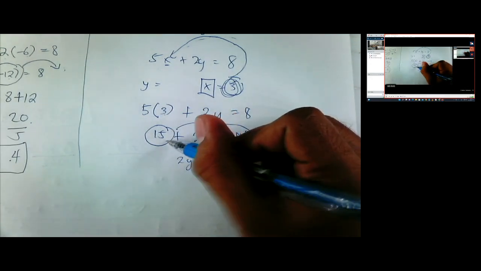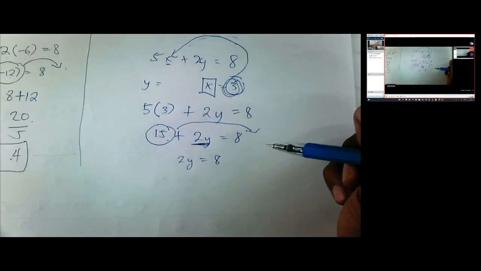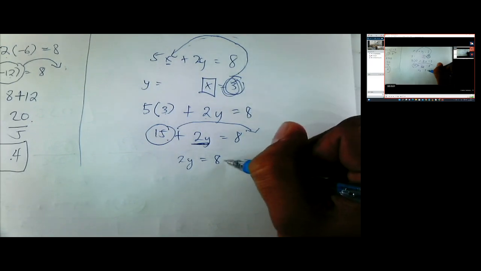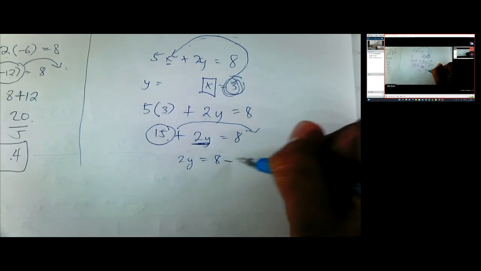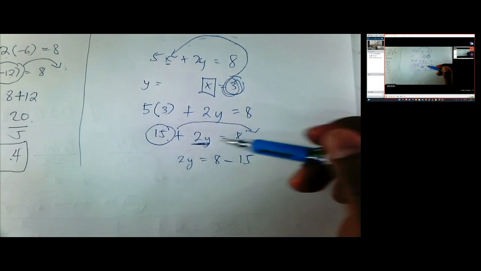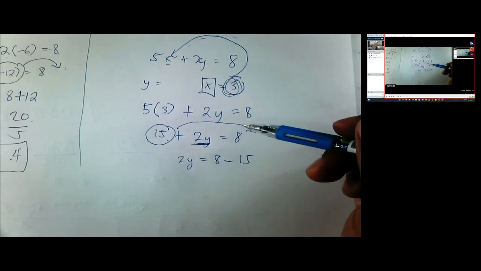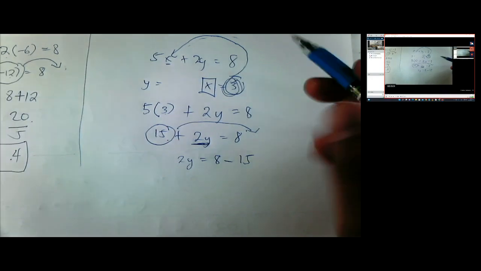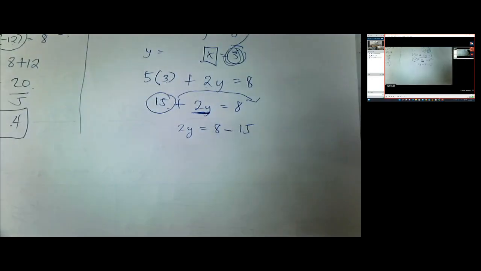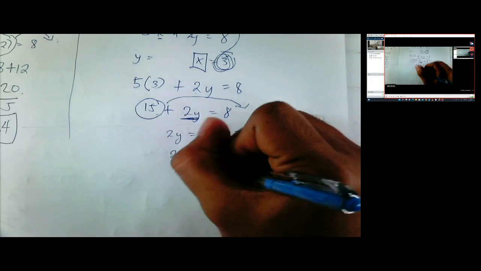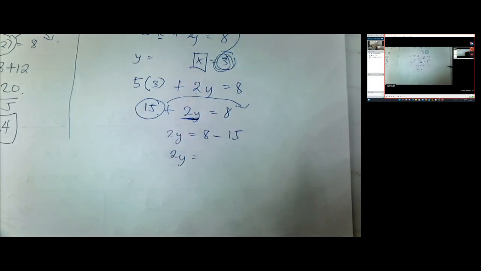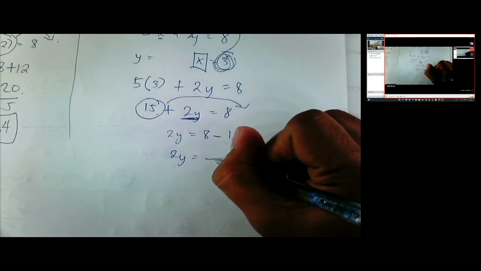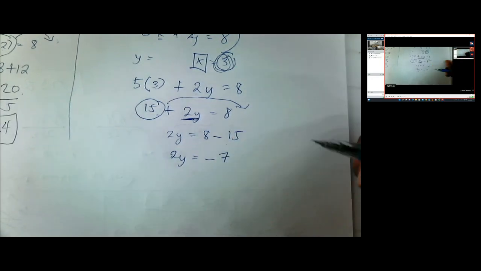Now, positive 15, when you put it onto the other side, what will happen? It will become negative 15. You will just get the opposite of the number, right? That is the subtraction property of equality we studied before. And so we will have 2y is equal to, what is 8 minus 15? That is negative 7.